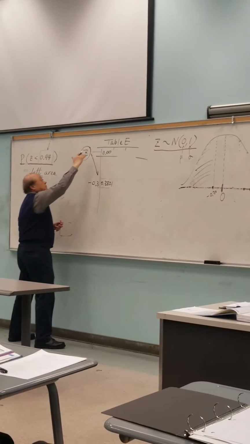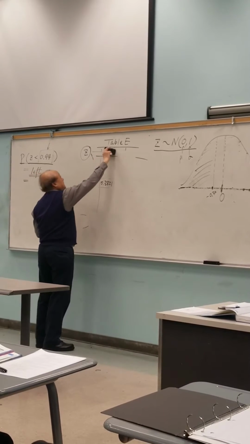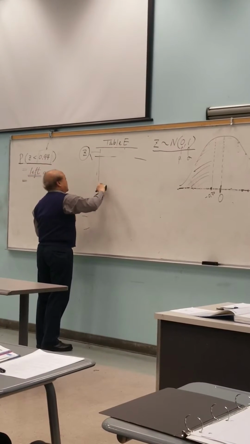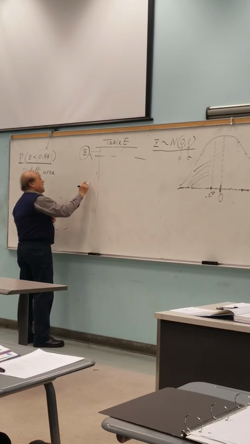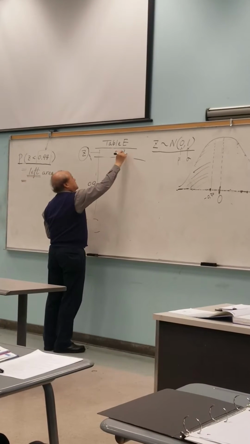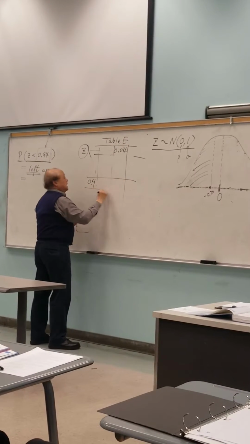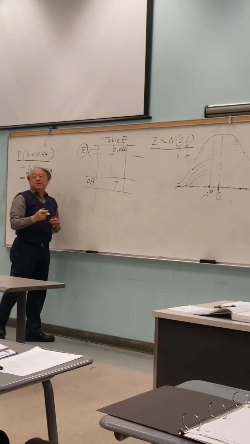From the left column, from the top row. Can you find that? Positive 0.9, positive 0.04, right? 0.826. And what's the left area to this?